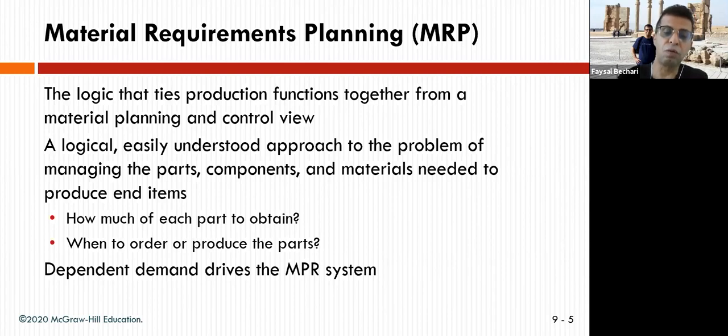So we need to know how much of each part to obtain and when to order or produce these parts. This is what is important in an MRP solution. All of this depends on demand; demand drives the MRP. So MRP cannot work standalone. There is some demand, provided by another connected application or individually, and they put this information into the MRP.